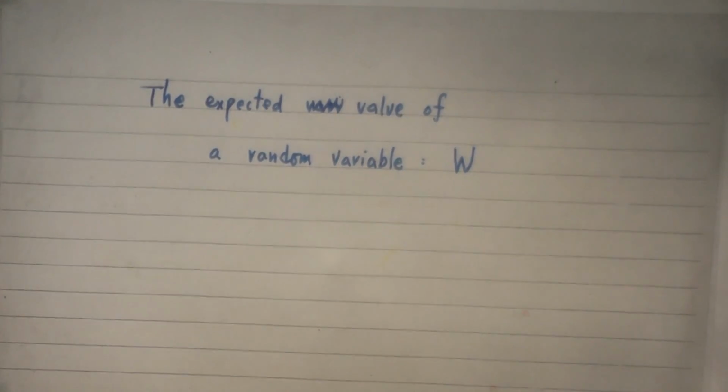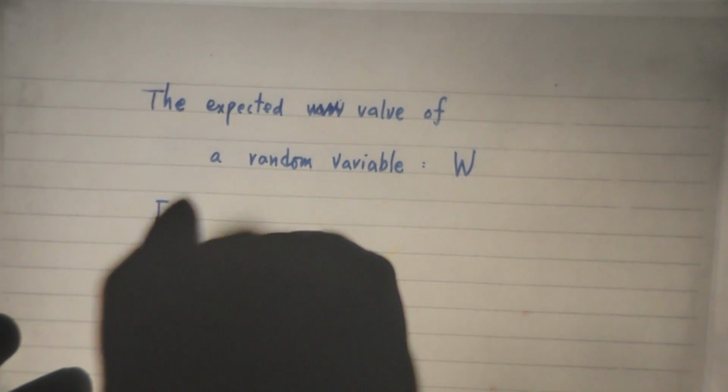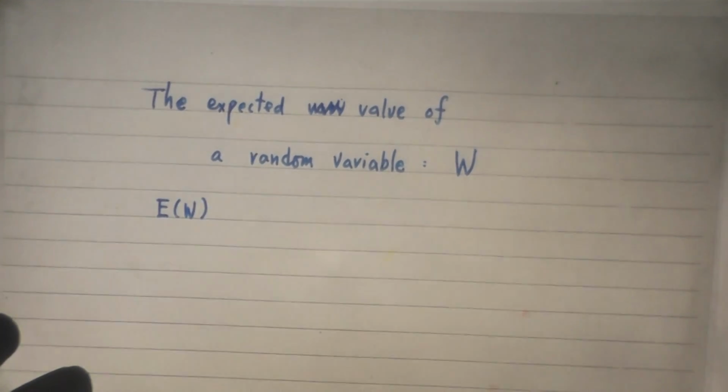Say the random variable of interest is W, okay? So what is EW? It has three different interpretations, okay?